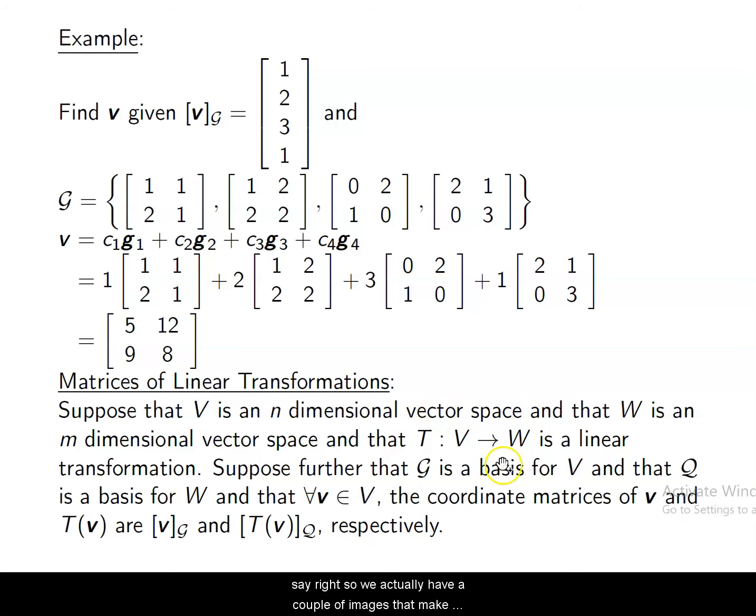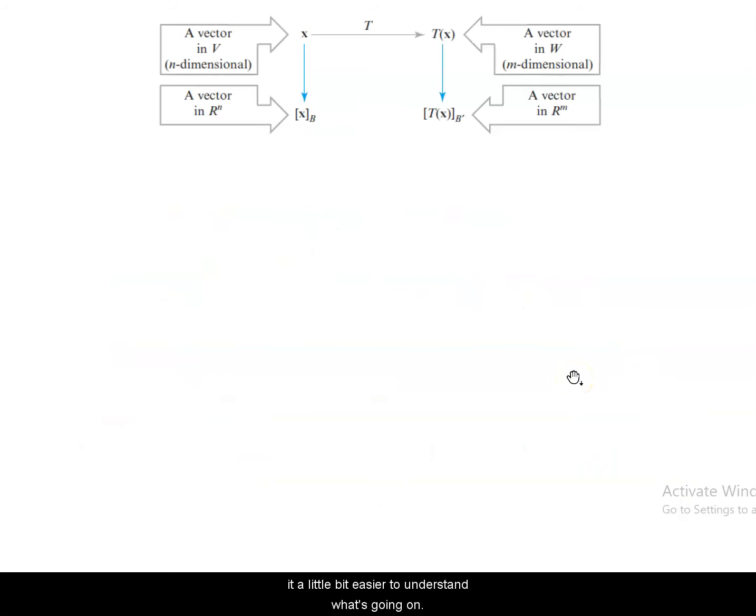So we actually have a couple of images that make it a little bit easier to understand what's going on. T is a transformation that takes X to T of X. But since X is in the space V, and the space V has a basis of G, in this case we'll say B because I didn't have a visual that had G. So B is the basis for my domain V, and B prime is the basis for my codomain, my range.